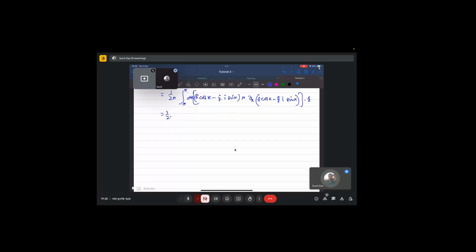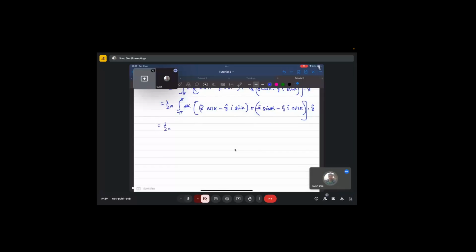So 1 by 2 pi, minus pi to pi, dk, x cap cos k minus y cap i sin k, cross, it will be simply x cap times the derivative of cos k, which is minus sin k, and then it will be minus y cap i cos k, right, dot z cap.